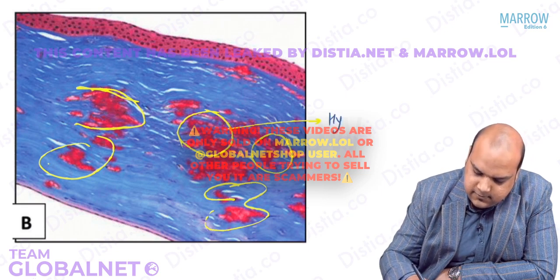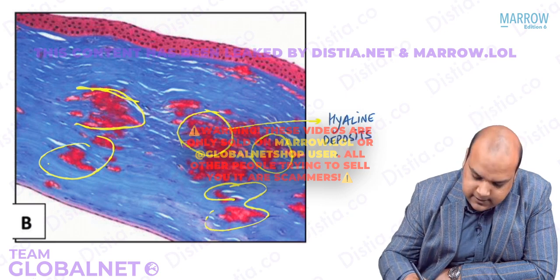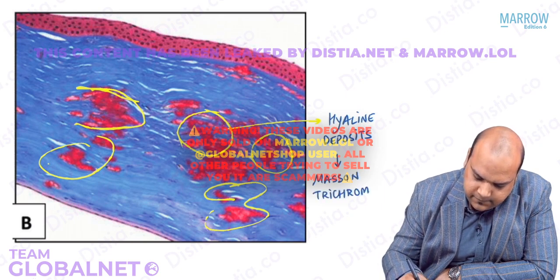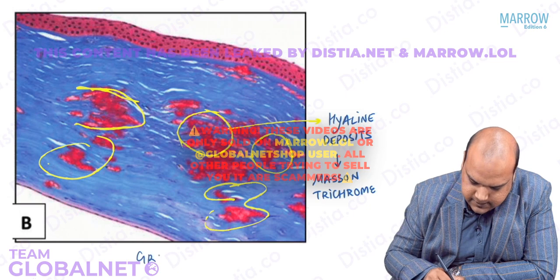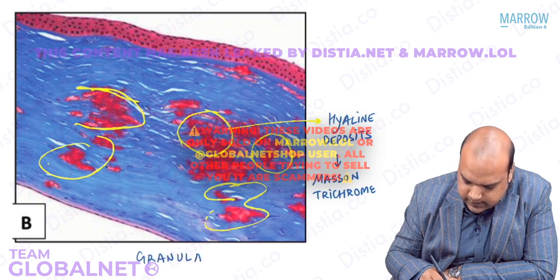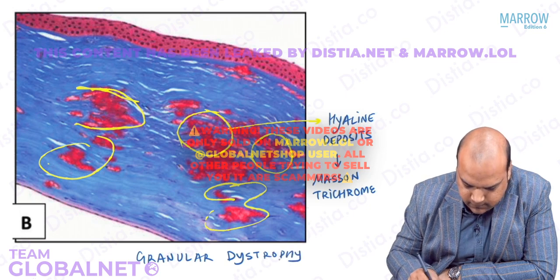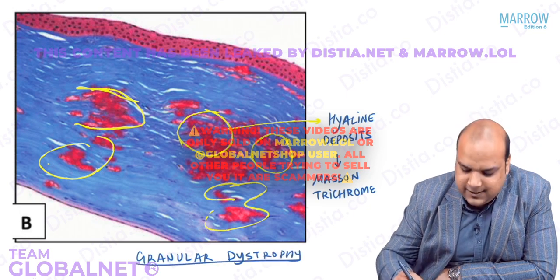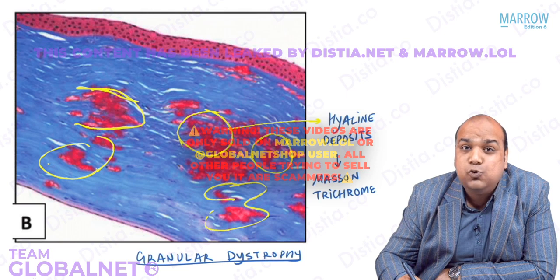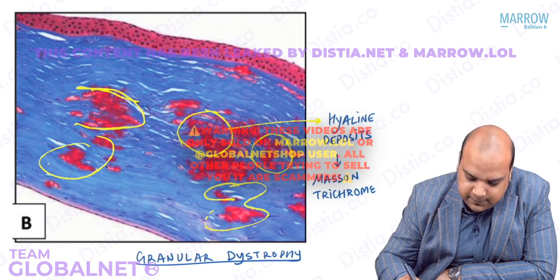So, hyaline deposits. I hope I'm clear. The stain is Masson trichrome and the diagnosis becomes granular dystrophy. No problem. Now we are saying granular dystrophy, granules. So what is the appearance like?